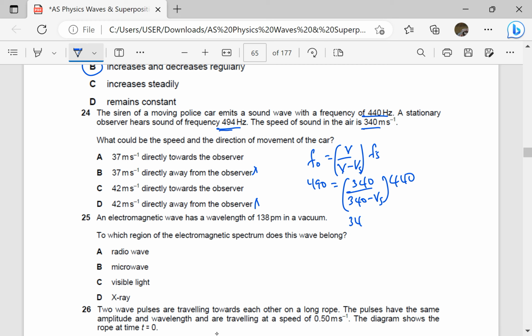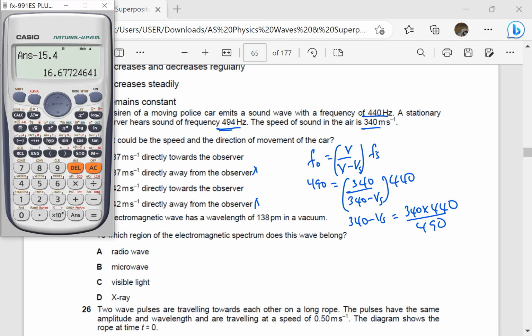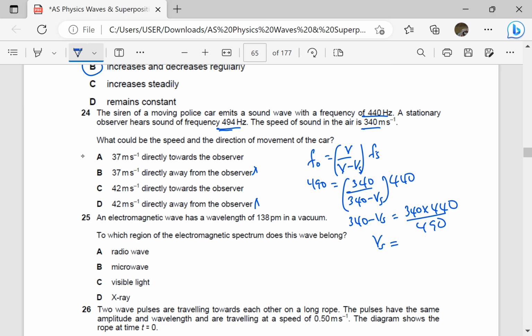So 340 minus Vs is equal to 340 times 440 divided by 494. So we solve that, 340 times 440 divided by 494. This gives us that value. Then we shall say 340 minus that answer, so it means Vs is going to be equal to, is it 34?